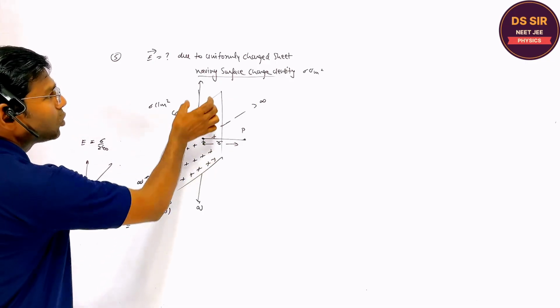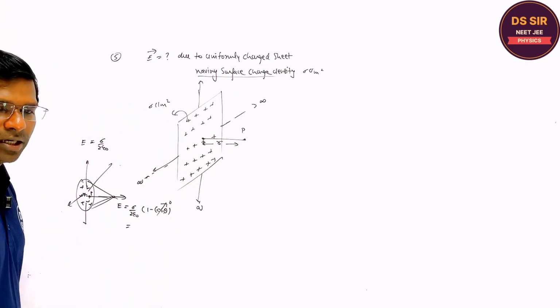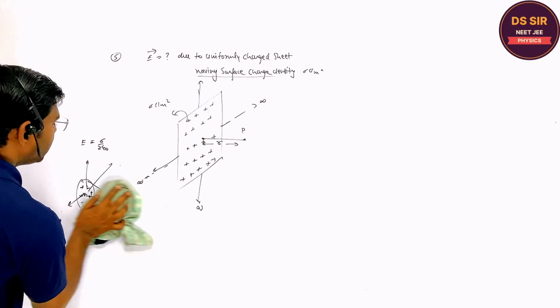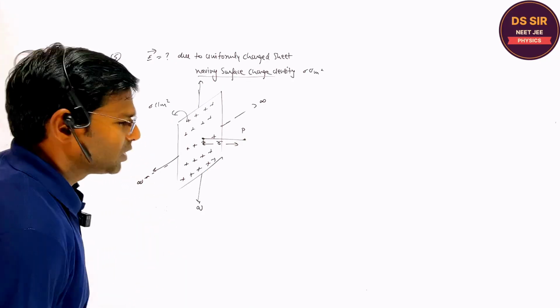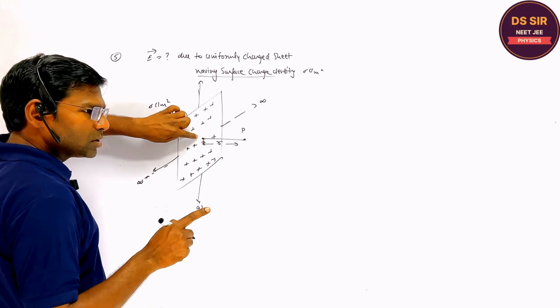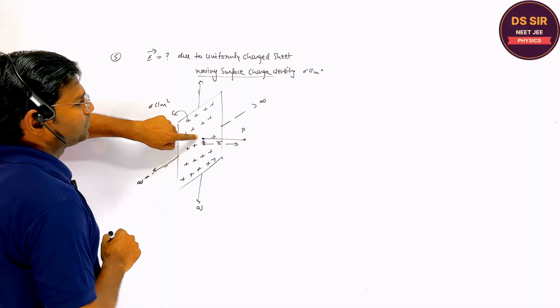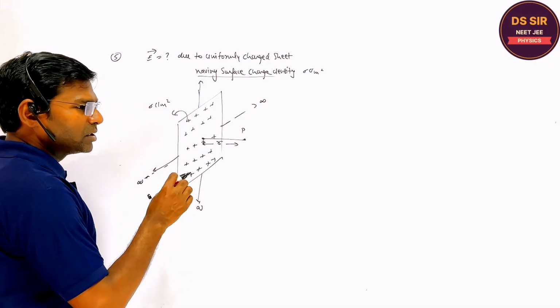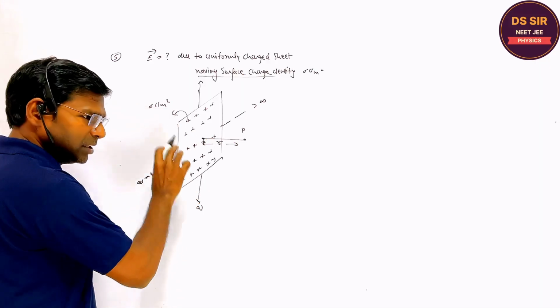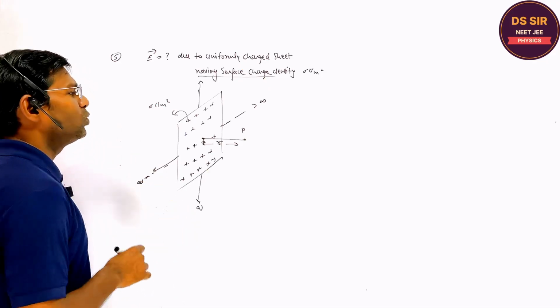But with the help of Gauss's law, it can be done in an easier way, right? How? You have to choose the Gaussian surface such that it is symmetrical. In this case, I am telling you first, then you have to understand.